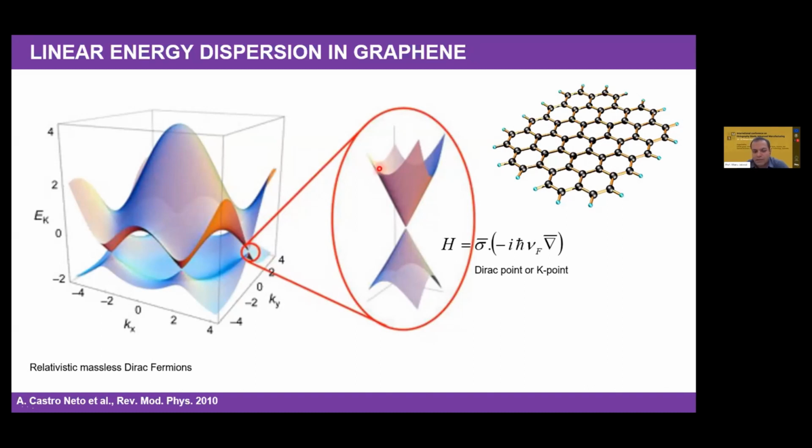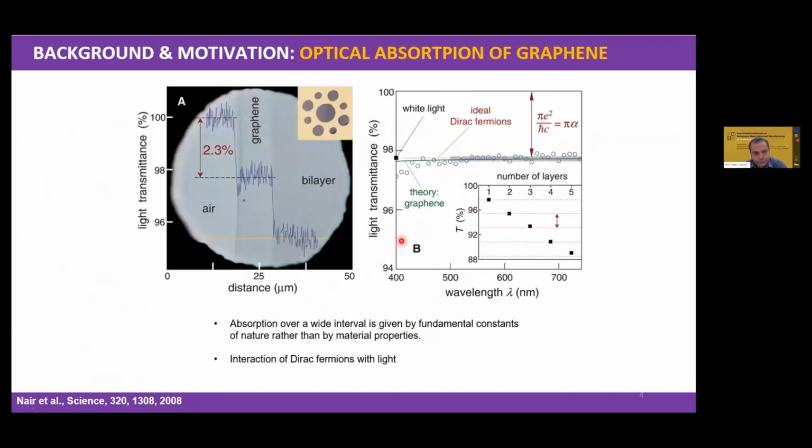A typical semiconductor has a parabolic dispersion relation, but in graphene the dispersion is linear in nature. Therefore, the carriers are relativistic massless Dirac fermions, and this is the Hamiltonian at the Dirac point. What are the implications of this for optical properties?